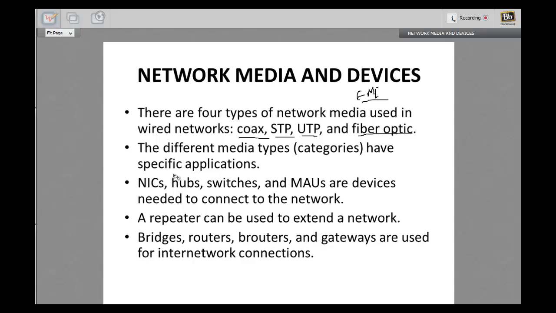This is a feature of the fiber optic which is not available in the others: coaxial, STP, UTP. The UTP is also susceptible to EMI because it's unshielded, while the STP is shielded, so it will be better in this regard. So there are differences. We should know the advantages, disadvantages, and the differences between them all.